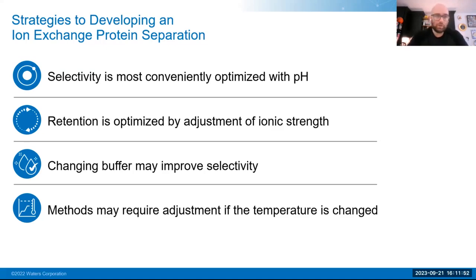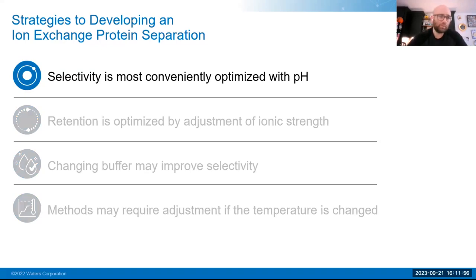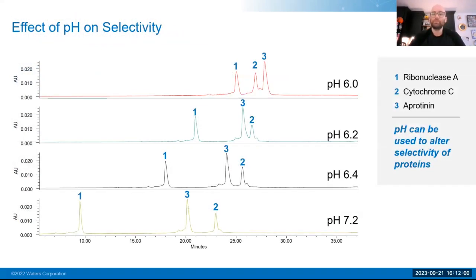There are a lot of different ways to go about performing this method development. Starting with the actual selectivity, optimizing with pH. So when we look at a variety of different chromatographs here from pH 6 down to 7.2, you'll see this is going to be a very critical and important piece of altering selectivity within your ion exchange methodologies.